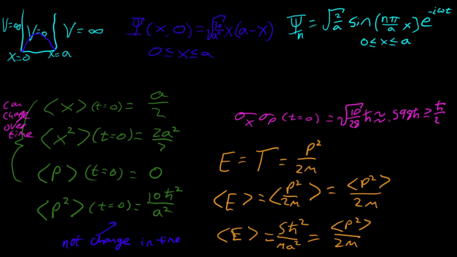Just using the integral for the expectation value, which should make sense because if you use the Hamiltonian operator, you do the integral of psi star, Hamiltonian operator acting on psi, right? The Hamiltonian operator is proportional to the momentum operator because potential energy is 0.